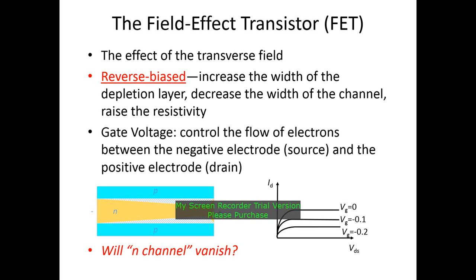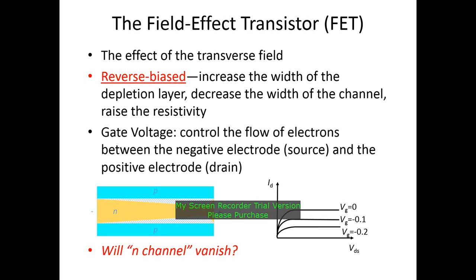Here you may have a question: whether the channel will vanish if we keep increasing the voltage. The answer is no. Let's assume what will happen if the channel vanished. When the channel vanishes, the current will definitely vanish too, which makes the current I equal to 0.